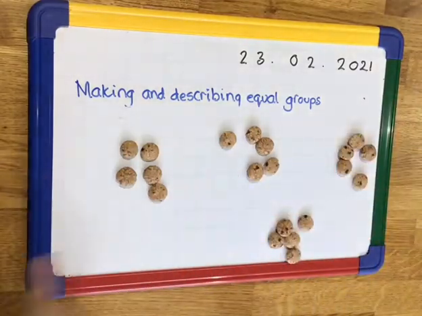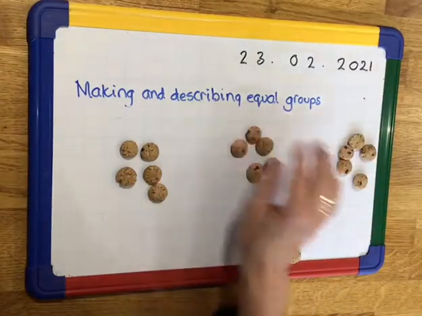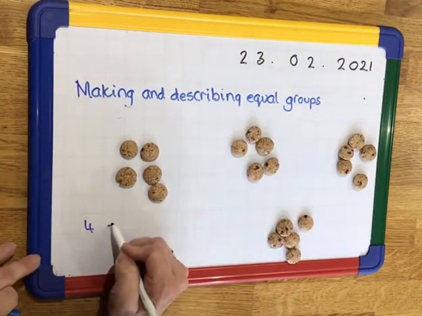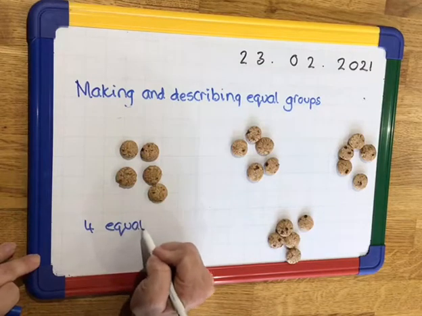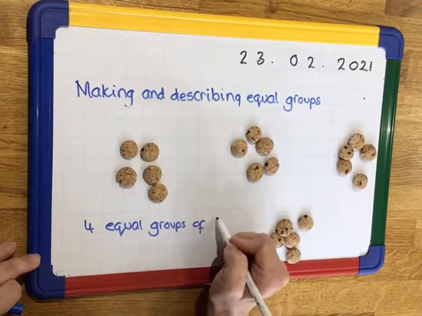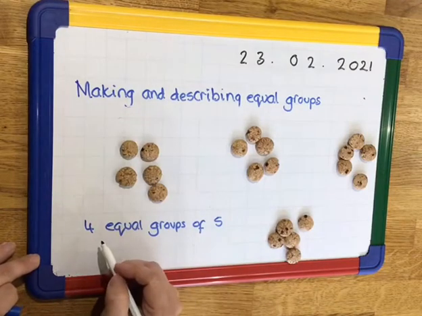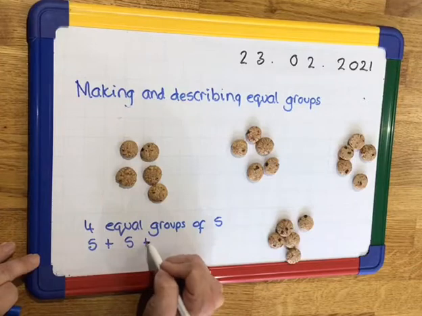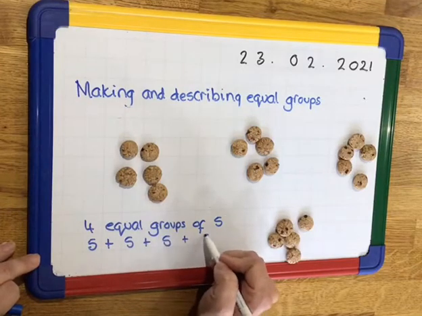They've all got 5 in, so that makes them equal groups because they're all the same. So I have made 4 equal groups of 5, and I could write this as a repeated addition: 5 add 5 add 5 add 5.